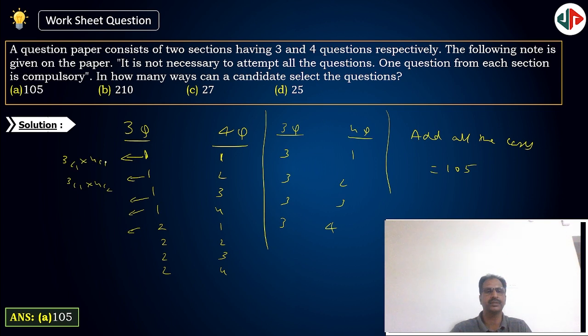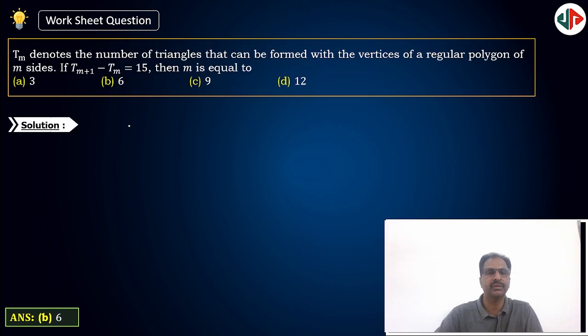You know how to find 3C1 into 4C1: 3 into 4 is 12, 3 into 6 is 18. Like that, write all the possibilities: 3C3 into 4C1, 3C3 into 4C2, 3C3 into 4C3, 3C3 into 4C4. Simplify and then add all this, so you'll get 105.